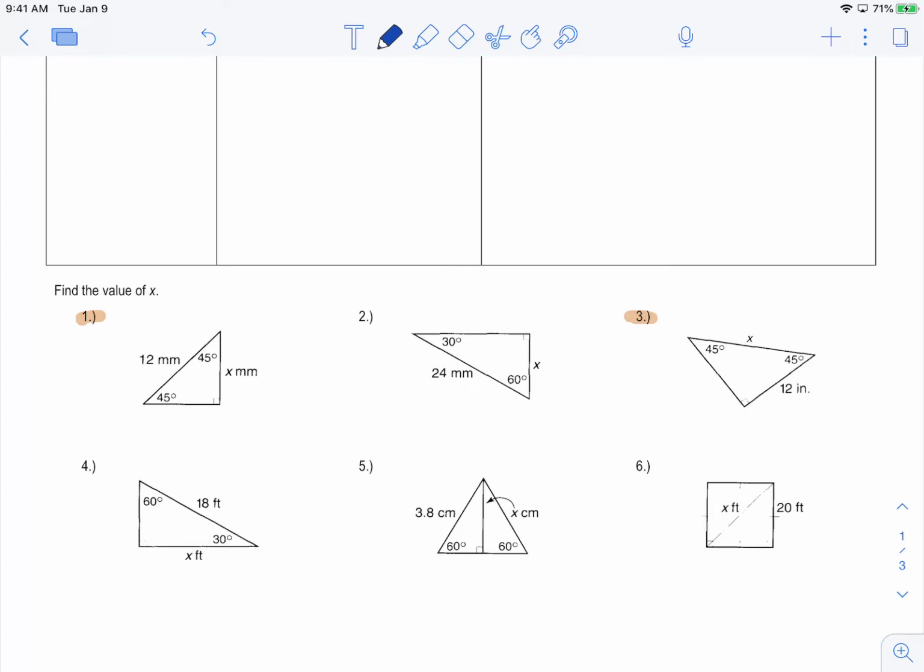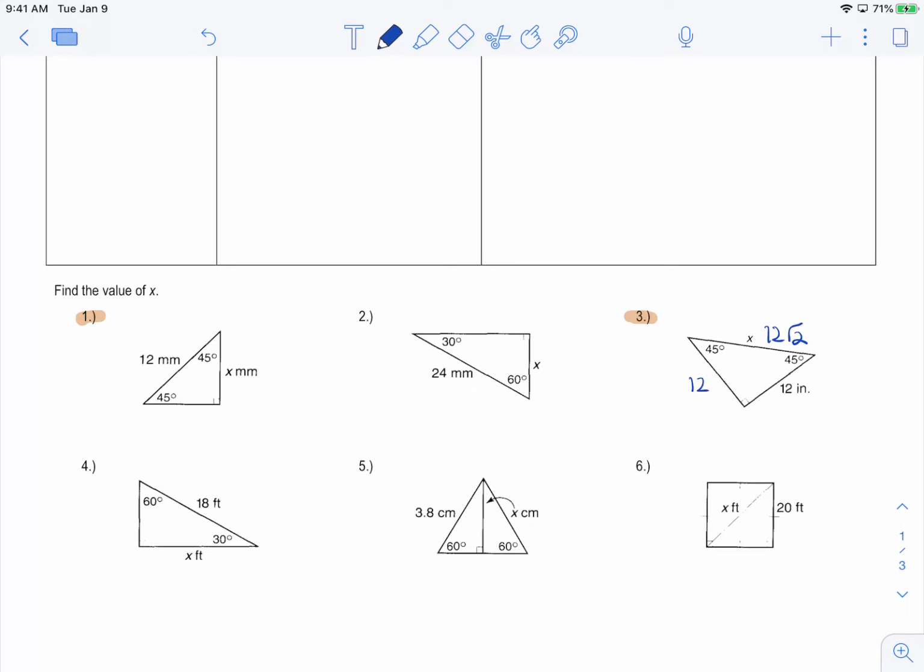In time you will, but use your notes while you're doing things. Okay, well, if that's 12, that means this leg has to be 12. And then I can use Pythagorean theorem. That's always an option, but I want to make you become confident in these, and also just do these very quickly. Okay, well, if that's 12, this guy has to be 12 root 2.